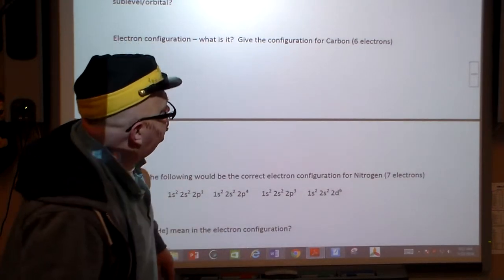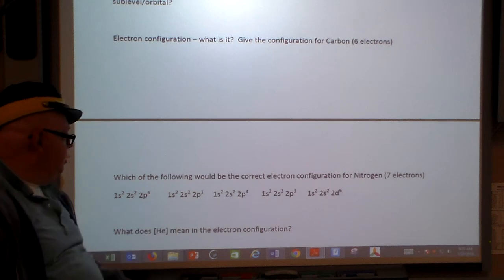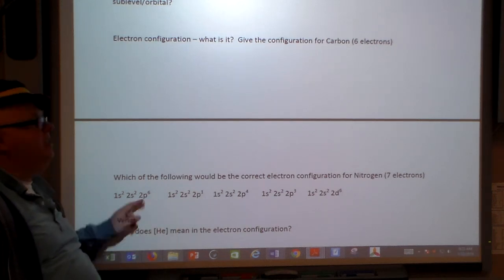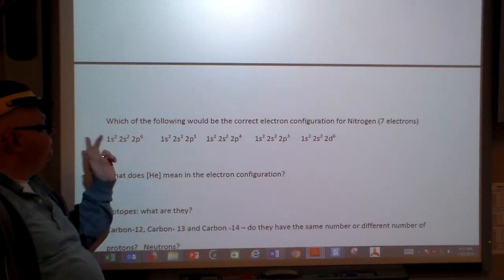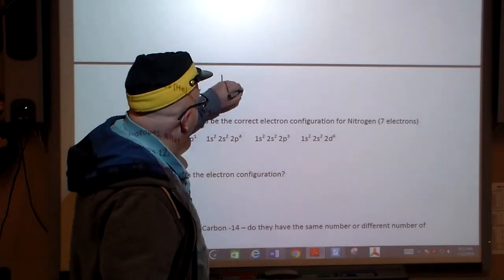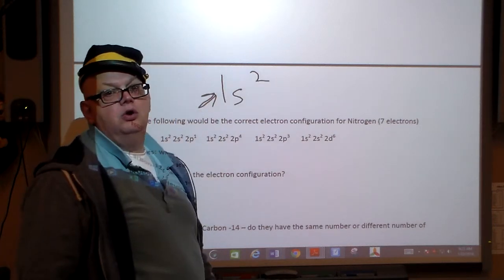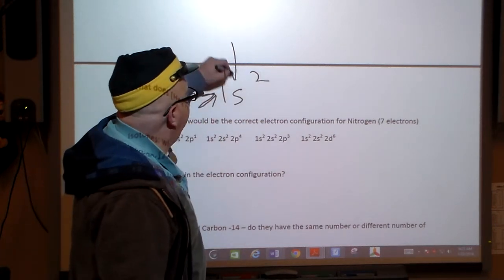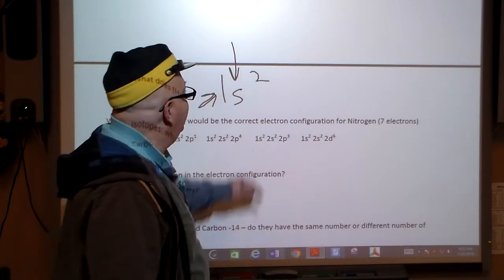Electron configuration. So, here we go. What do we mean by electron configuration? This here is the electron configuration. Now, when you look at it, you've got 3 parts. This part here is your principal energy level. This part here is your sublevel or orbital, you can call it that.